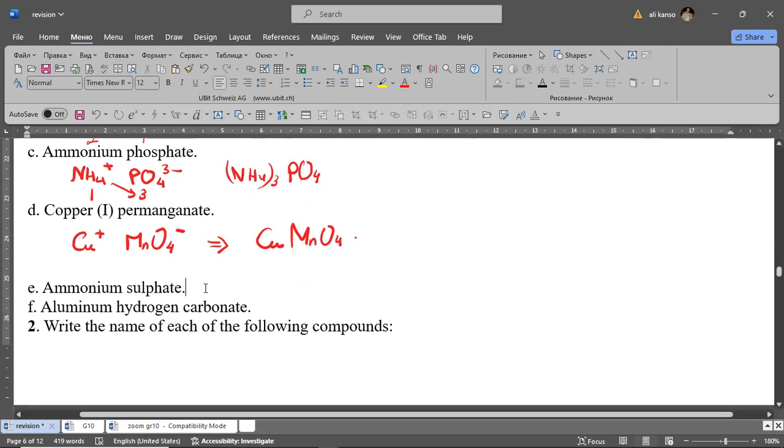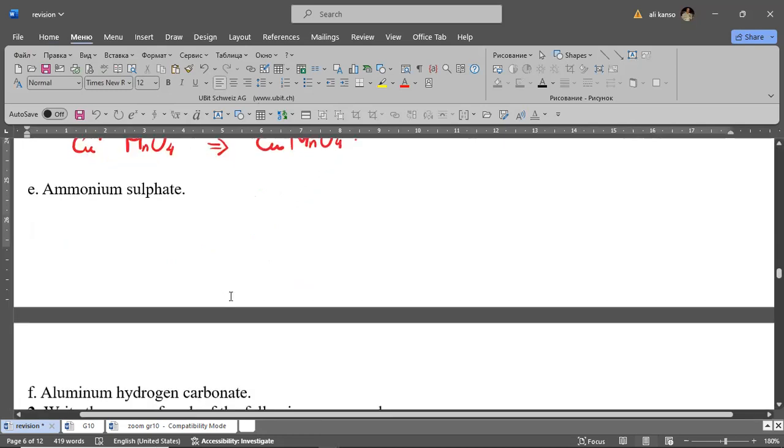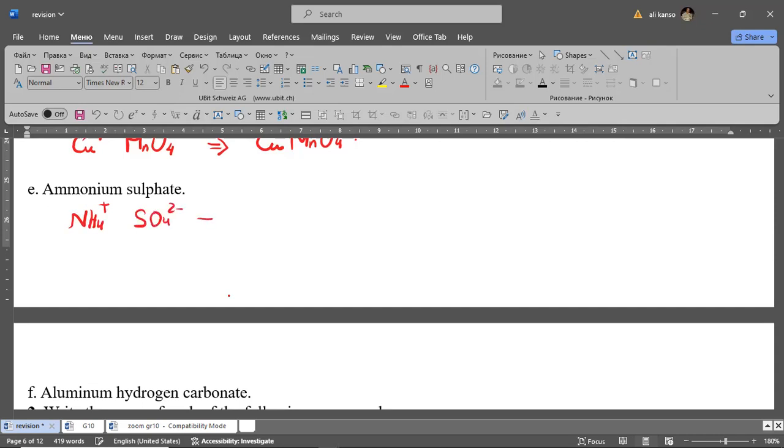Okay, ammonium sulfate. Similarly, ammonium we know is NH4 plus, and sulfate is SO4 2 minus. So the formula units should be written by crisscross. This is 1, this is 2.